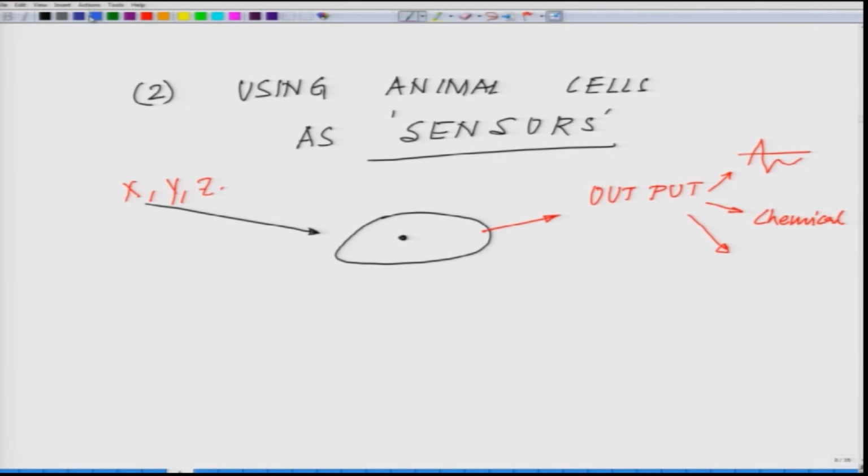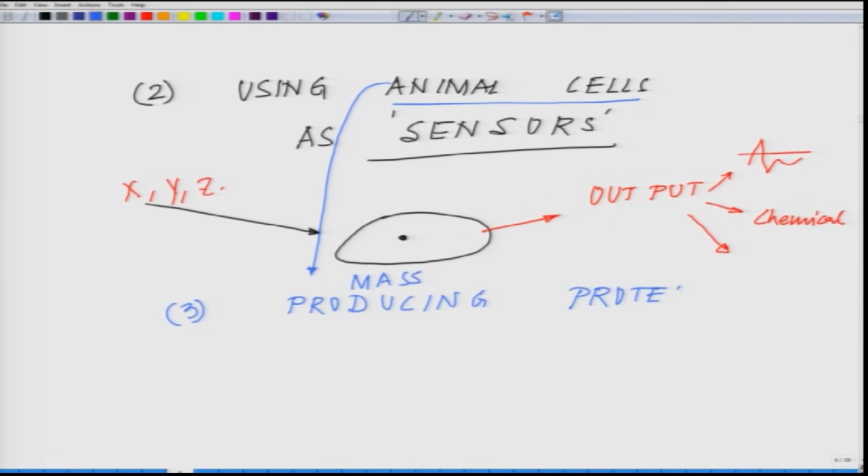Similarly, I can use animal cells for producing or mass producing proteins or other biomolecules.